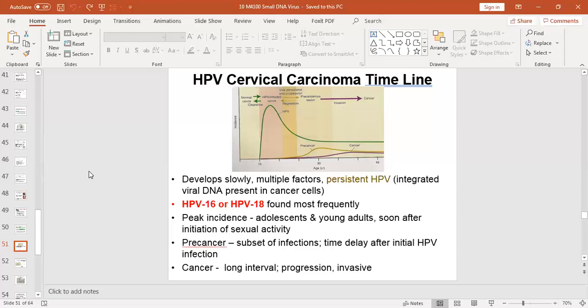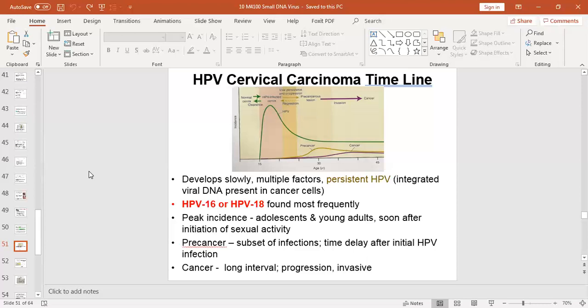And cancer occurs in long intervals. It takes some time to develop, but once it develops, it's very invasive, and it not only progresses very rapidly, but it has a high metastatic index, so it can metastasize to other areas of the body.